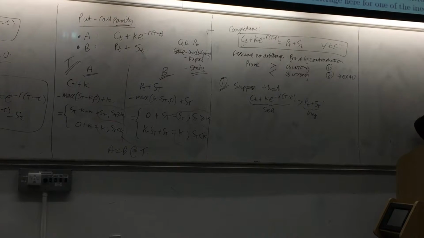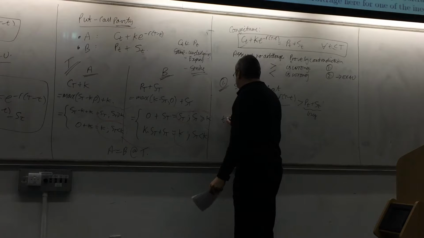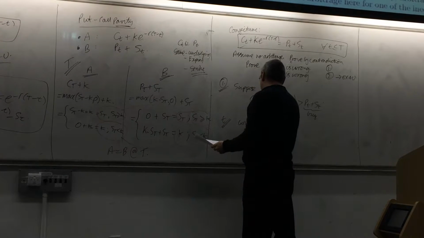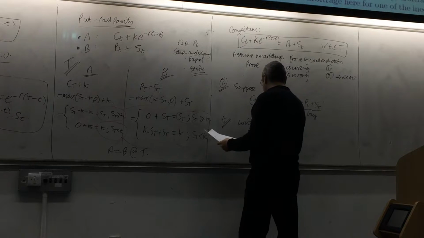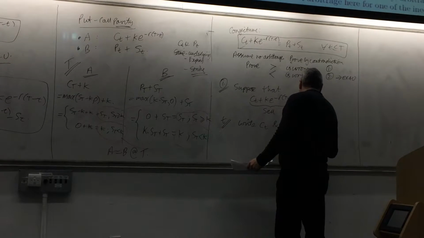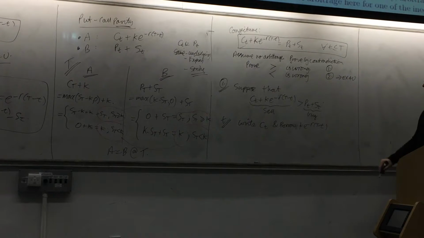That's what it is. Okay. So what that means is at time t, I'm going to write a call, Ct, and borrow K e to the minus r(T minus t). That's this selling bit.